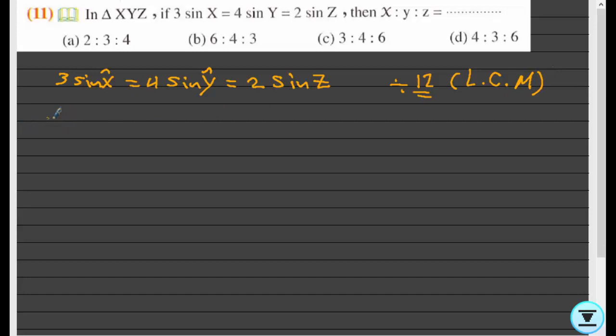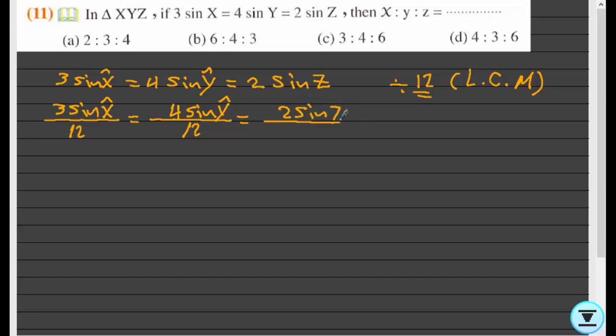So 3 sine X over 12 equals 4 sine Y over 12 equals 2 sine Z over 12.